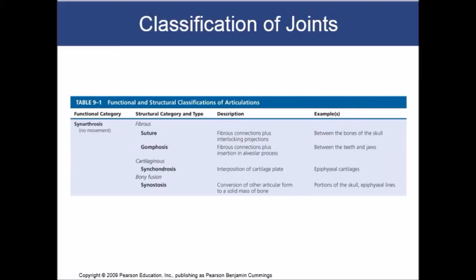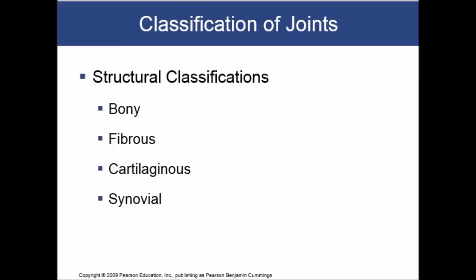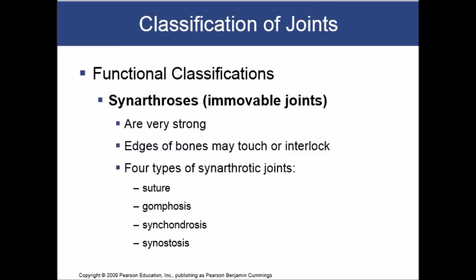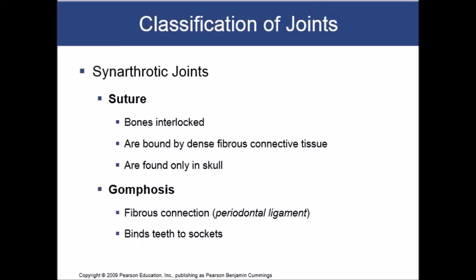You can start with the example, the description, or the function category. So you need to memorize those two tables very much, very important. This is just a repeat, so the first table is very, very important.